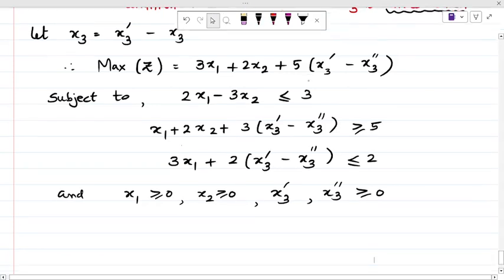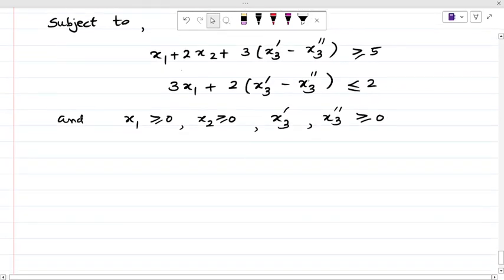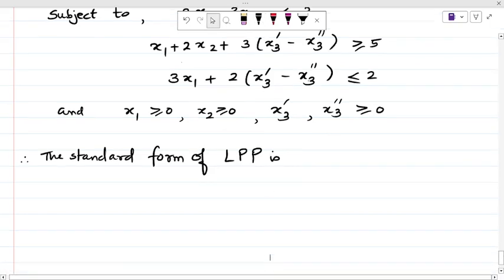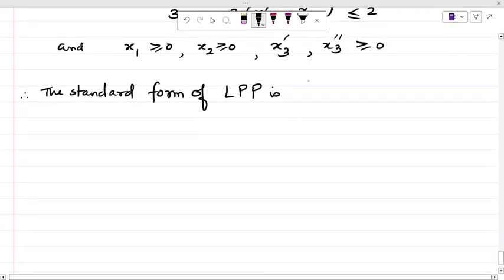Now we convert our question to standard LPP. So the standard form of LPP is, we now first always write the condition. So here it is maximization, max z, not a problem.